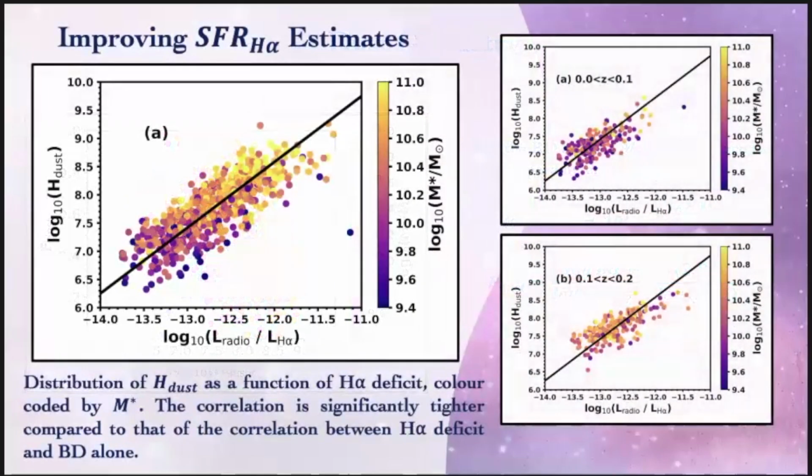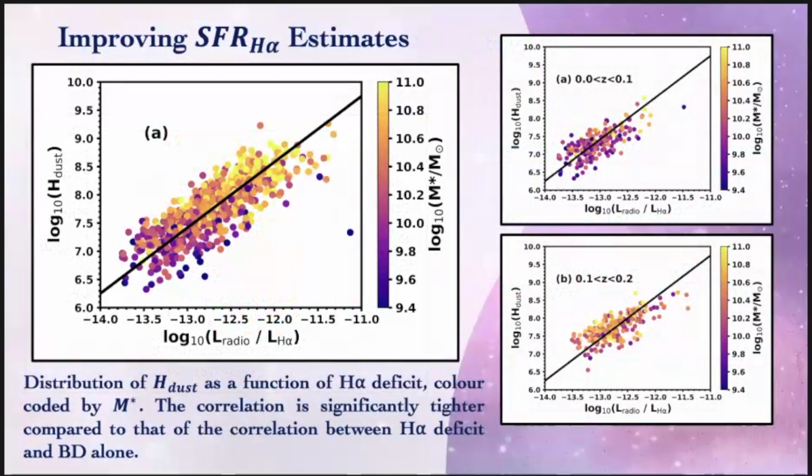We now return to the H alpha concept again, but we're trying to show how one of our new dust parameters, H dust, behaves. So we have plotted H dust as a function of the H alpha deficit. The deficit is the ratio of the radio and the H alpha luminosity.